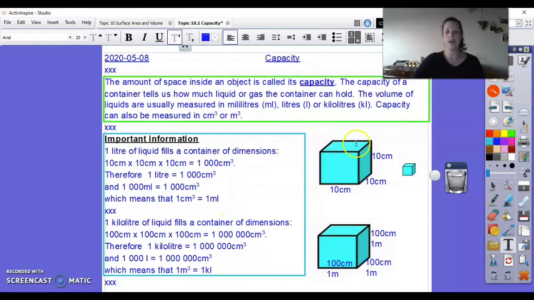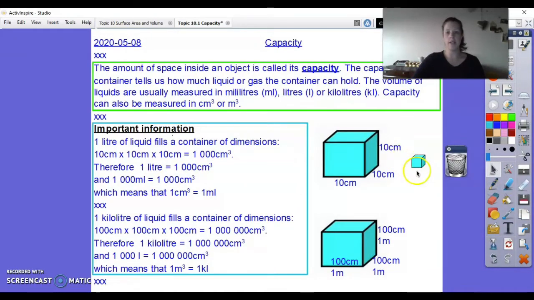So again, if I had a cube with dimensions of 1 centimeter by 1 centimeter by 1 centimeter, that would give me 1 centimeter cubed. And therefore, 1 milliliter of water or liquid, any other liquid or gas, can fill that object with a volume of 1 centimeter cubed.